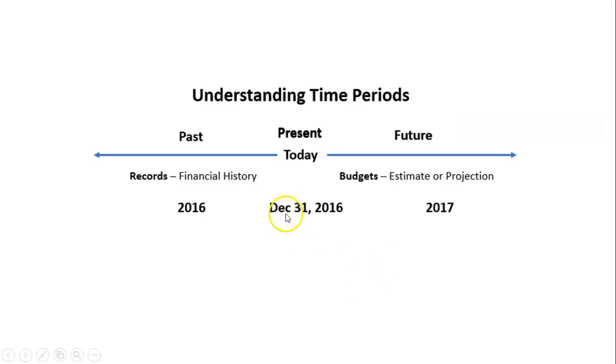Now this is a little diagram that I think helps students to understand the difference between keeping records and preparing budgets. In this particular case, I show them if we were standing here today, usually I single this out as December 31st of the past year, and this would basically be the very end of that day.